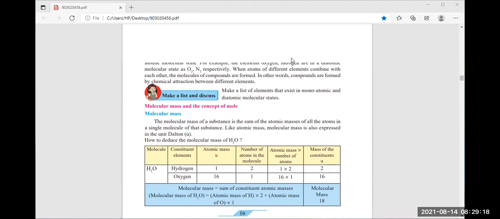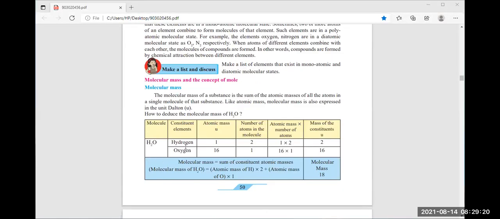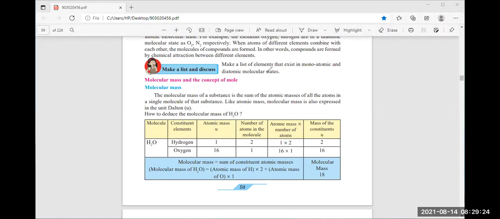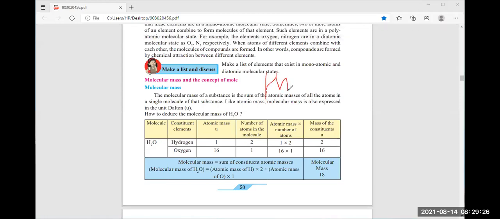When we speak about water, you get the water formula H2O. What is it? H2O. Now here this 2 denotes that 2 hydrogen atoms are present. How many hydrogen atoms? 2, and 1 oxygen atom. Now you should know the atomic mass of hydrogen is 1 and the atomic mass of oxygen is 16.